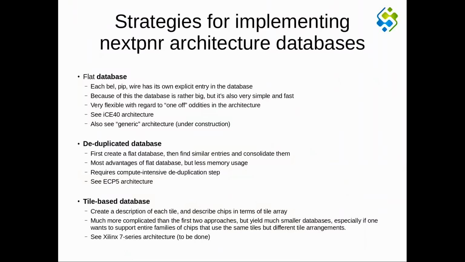So there are two different approaches to solve this issue. The next step would be to have a deduplicated database. The basic idea behind a deduplicated database is that we first create a flat database, and then we look in that flat database for regularities. For example, a wire with a certain layout or structure, and maybe there is a separate wire with the same physical geometry, just one tile to the right. And then we can merge these two entries, and we only need that once in our database, referenced from two different locations.